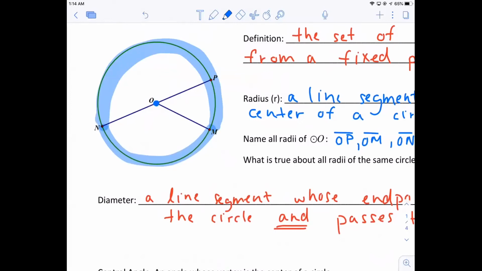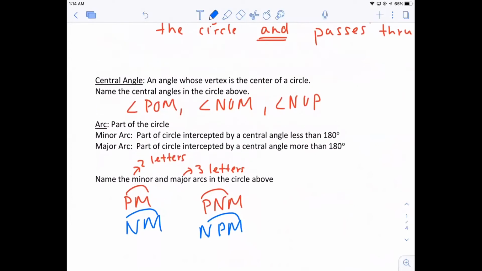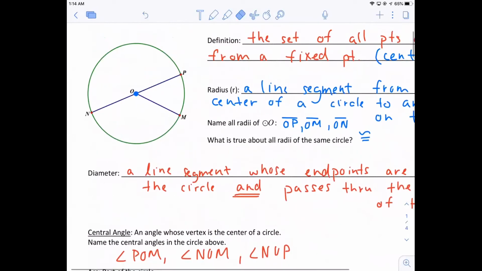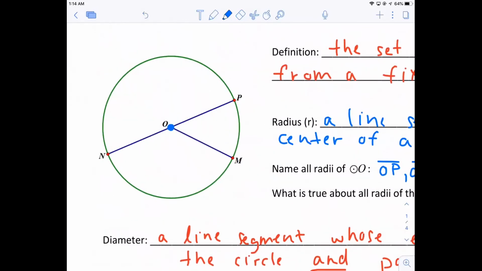We have NPM, that's a major arc. And again, 3 letters to name a major arc. Any other ones? Let's see, NNP, yeah, name that.